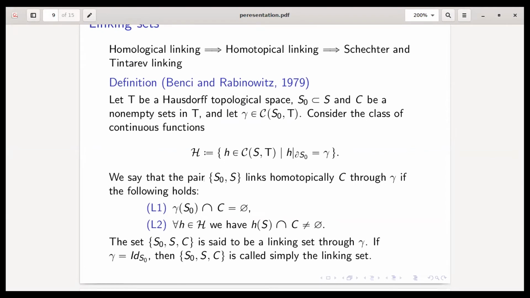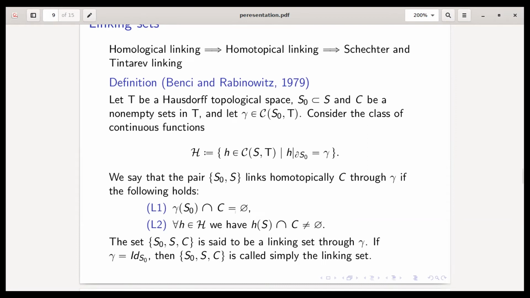It was given first by Bartsch and Rabinowitz, but not in this form; that was a more restrictive form, but over the years it has been developed, and now the more realistic definition is this one. If we have a set S_1, which is a subset of S, and C in a Hausdorff topological space, we say that this pair links homotopically to the set C through a continuous function from S_0 to T if these two conditions hold.